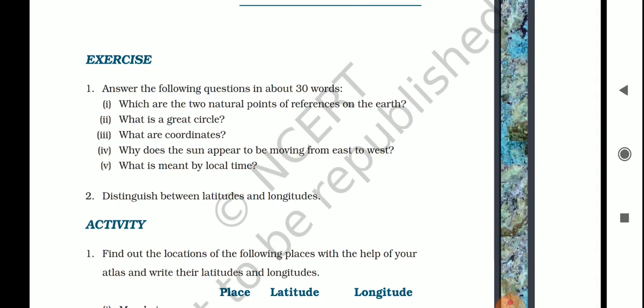If we talk about longitude, longitudes are the angular distance along the equator measured in degrees. And second, longitudes are measured east or west of Greenwich 0 degree, from 0 degree to 180 degrees east or west. Clear, students?